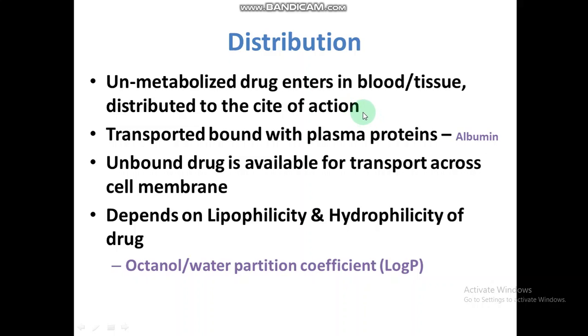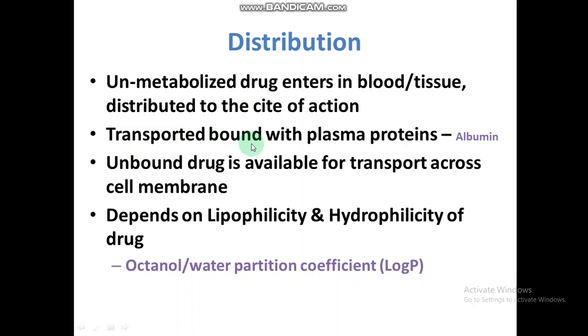When we call it distribution, it means that after absorption of the drug into the bloodstream, what path it will take up to the target. So the process or pathway from absorption to the target is called distribution. When it reaches the target site, we say it is distributed to the target.